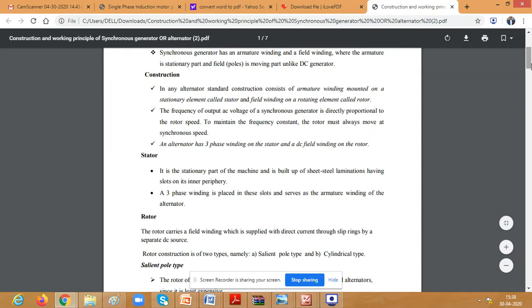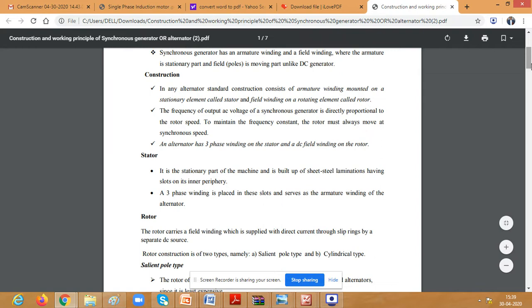That is a very large amount of voltage, and for that we need a lot of insulation, and there are a lot of heat losses. And if you want to take that much load, then you require high-rated slip rings, which are very costly.